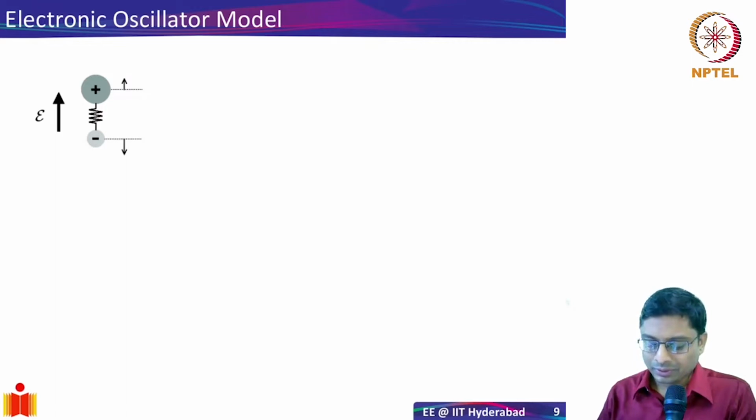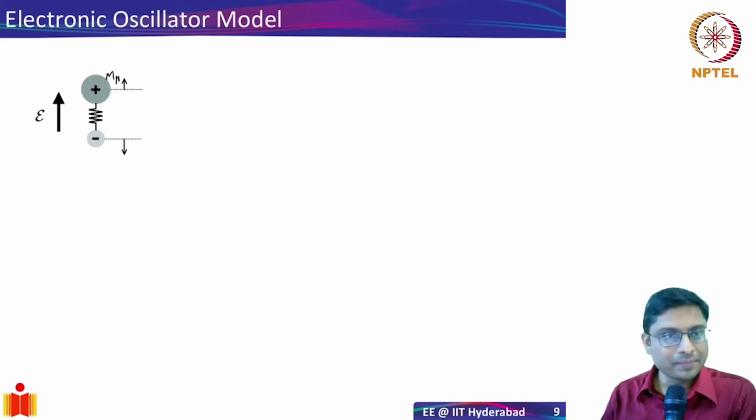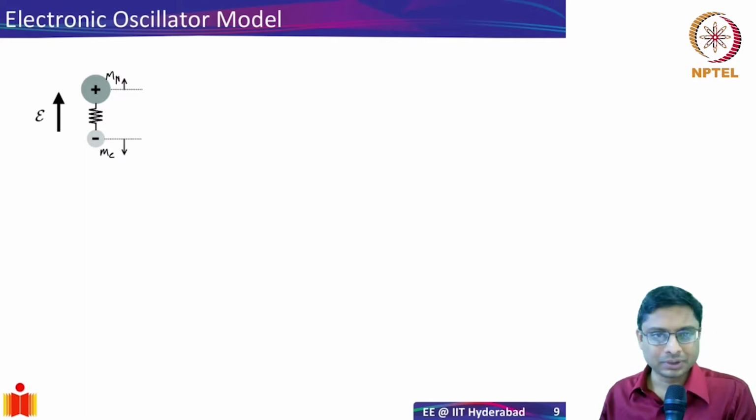So we can talk of a spring mass system. We have two masses: the mass of the nucleus, let's say Mn, which is heavier, and the electron, which is of a lighter mass, and they are connected by a spring, which in this case represents the Coulombic attraction. Now this spring mass system is subjected to an electric field.